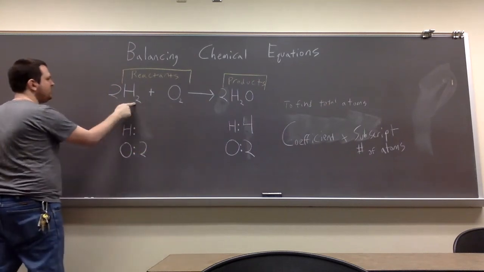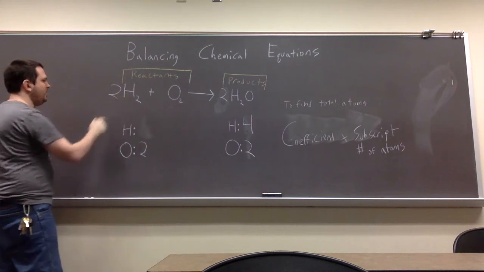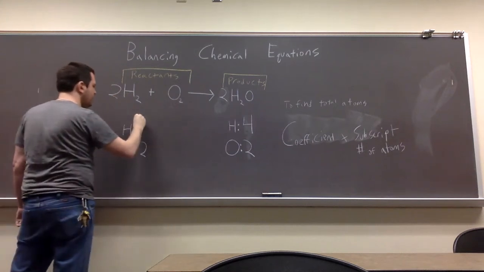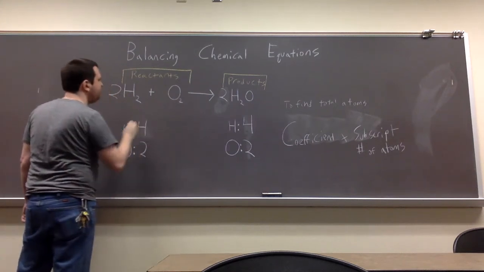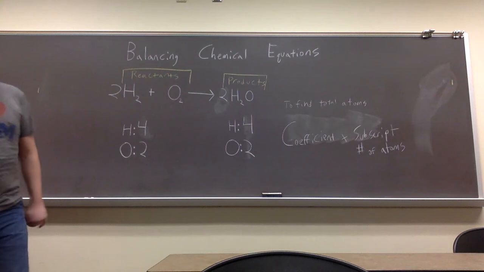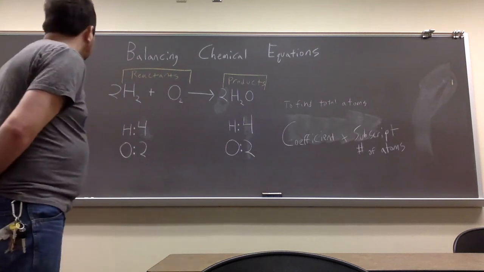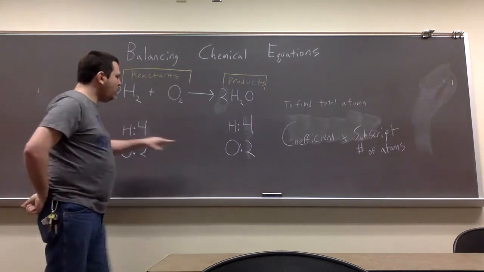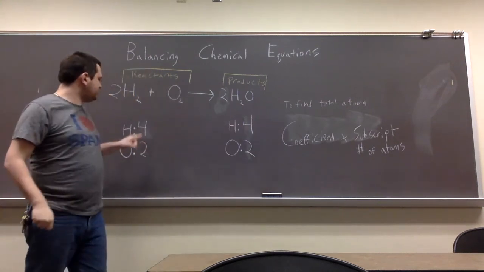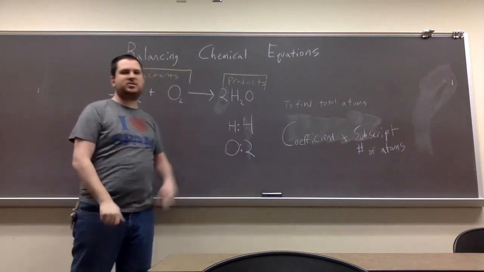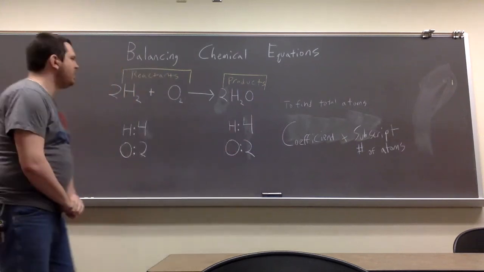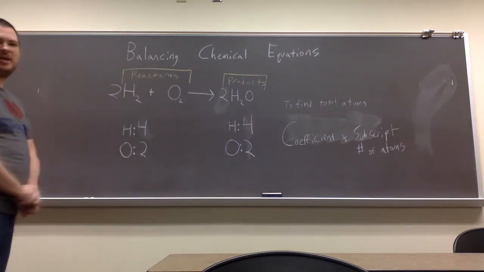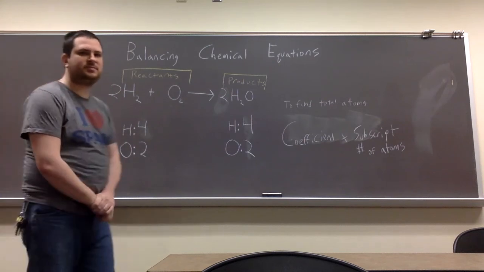We multiply everything in this molecule, which there's only one element in this molecule. 2 times 2 gives us 4. Now you'll notice all of our hydrogen numbers are the same and our oxygen numbers are the same. That means we're done with this equation.